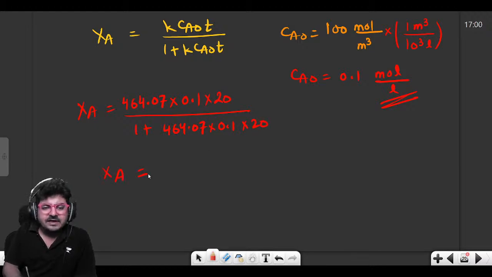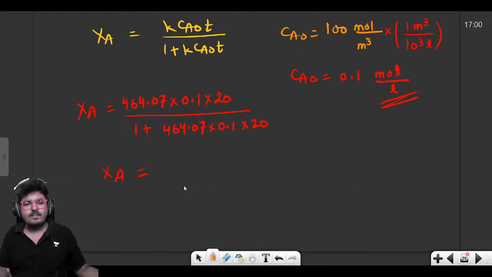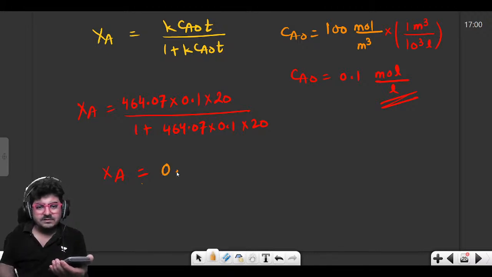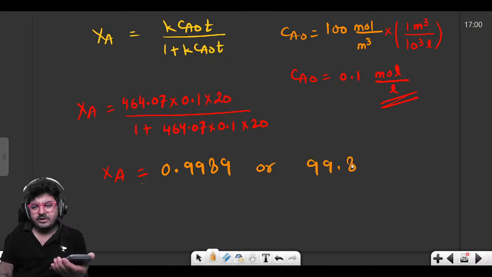So you will get XA equal to 0.9989, or you can say 99.89%.